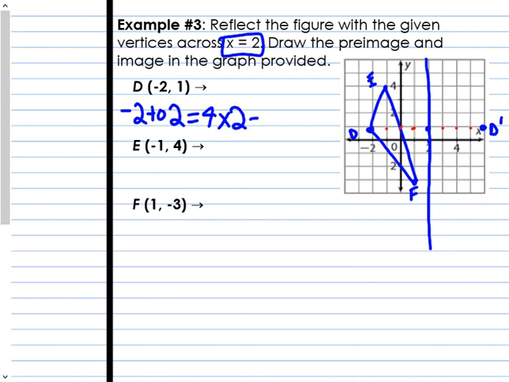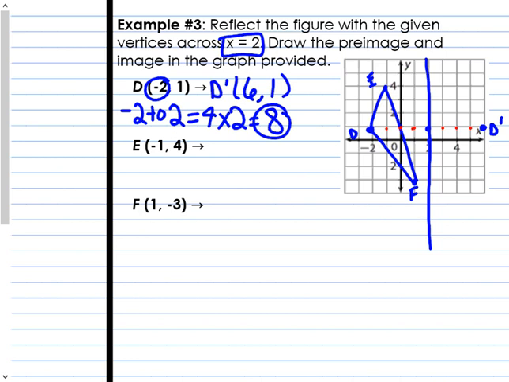So 4 times 2 is 8. Okay? So I'm going to take 8 and I'm going to add it to my x coordinate. -2 plus 8 is 6. So D prime is 6. And remember, the y stays the same. It's the same exact spot on the y-axis.